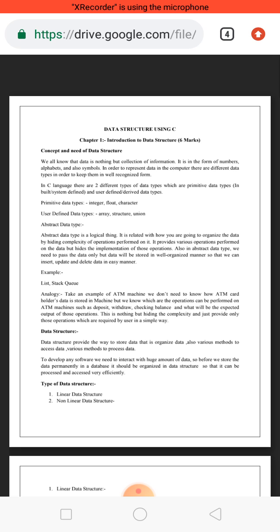And we know these data types can store data in a specified format, and it requires some memory to store them.